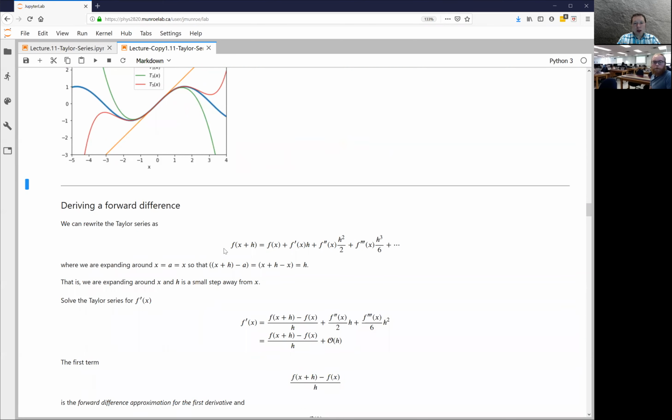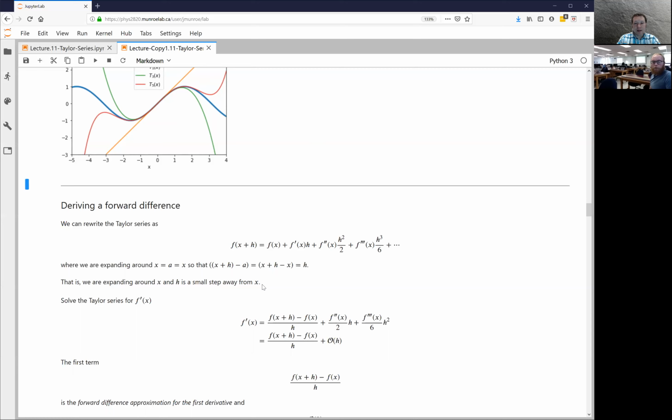This is another way of writing the Taylor series where we're doing the expansion around the point x at a distance h away. Fundamentally, what we're doing here is we're letting the value a be an x so that we're evaluating this thing at x plus h minus a, but if a is equal to x, then this number right here is h, represents how far away you are all the way through.